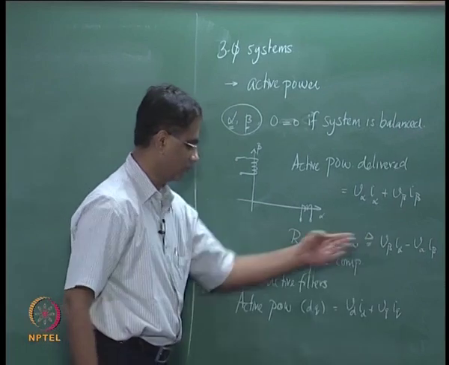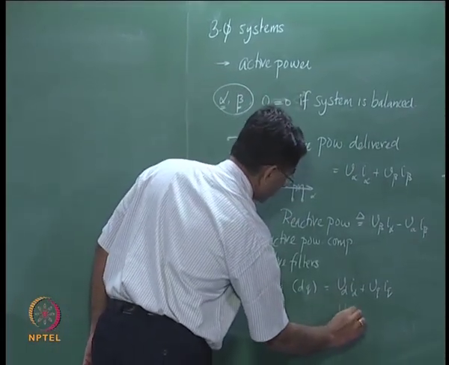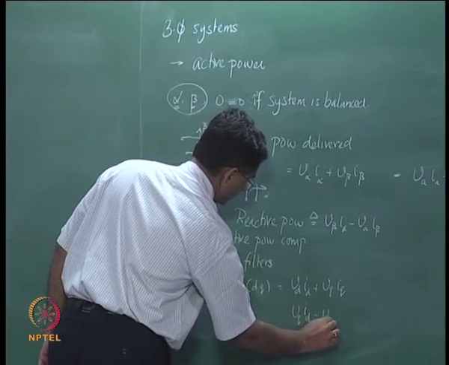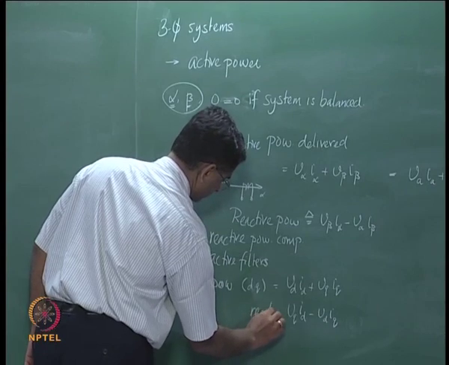And similarly, if you want to define the reactive power, then you have Vq into Id minus Vd into Iq. This is your reactive power.